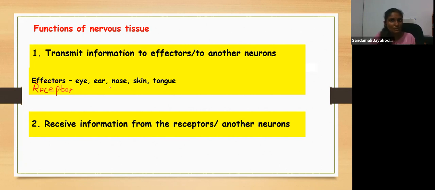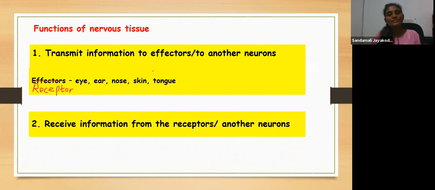They perceive some stimuli. Those perceived stimuli are transmitted along the different nerves to our nervous system, the central nervous system. Sometimes these nerve impulses, or the information perceived from the external environment, are transmitted along the nerves to another nerve.